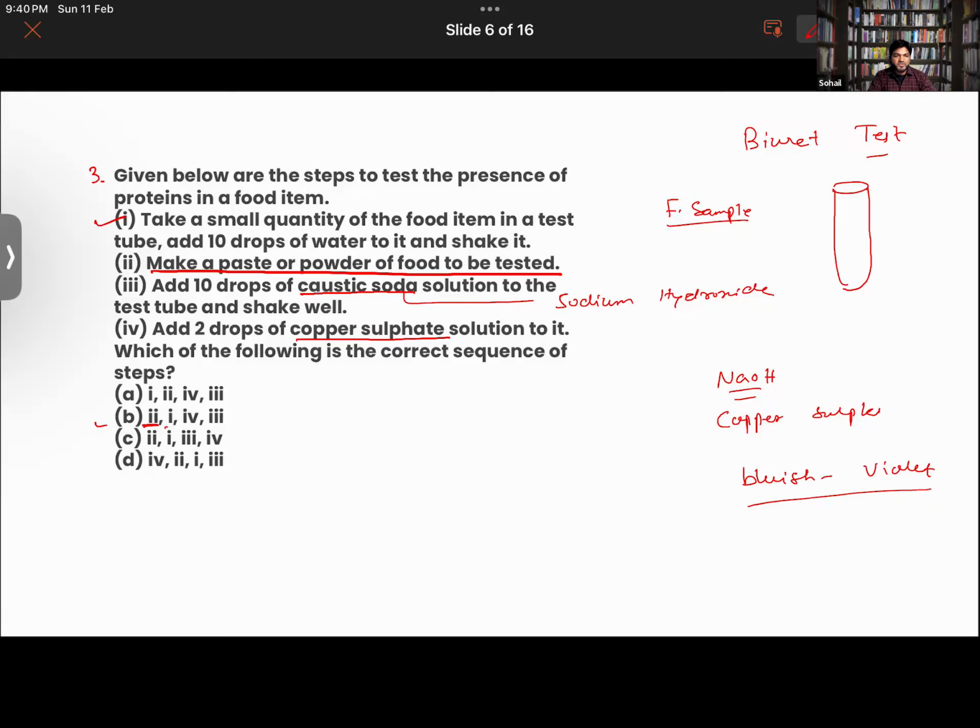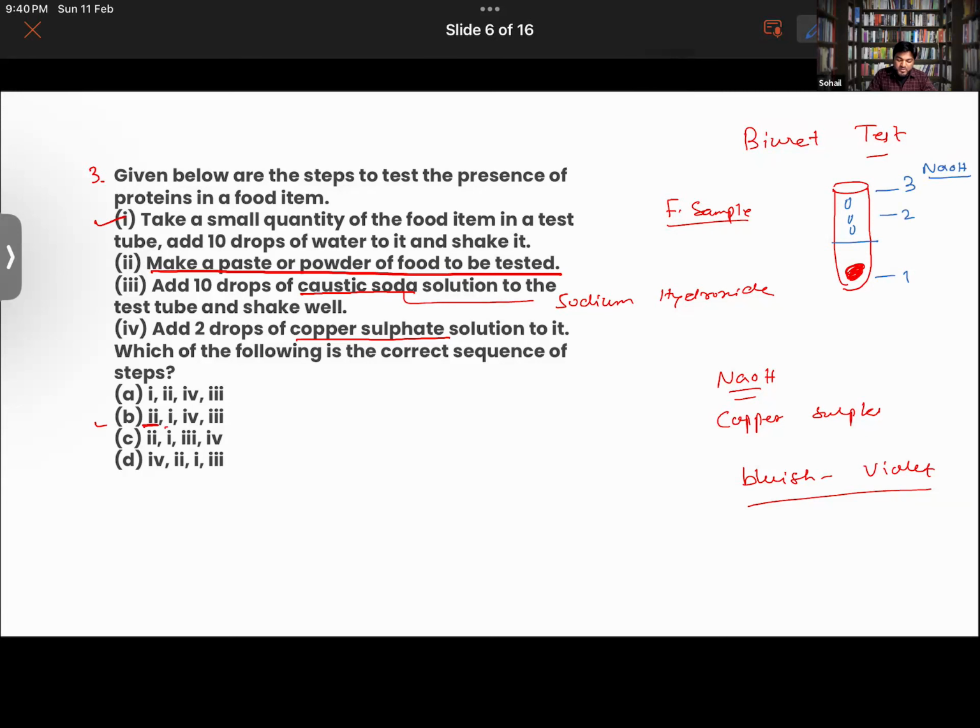So first, you will make a paste of the food, whatever food you want to take. So you have taken a paste. Next, you will add some water to it. First step is done, second step is done. In the third step, you will be adding some drops of sodium hydroxide, that is NaOH.